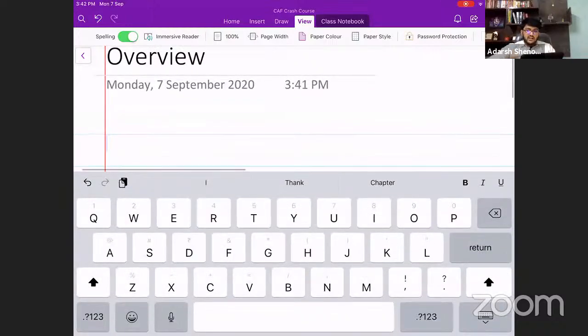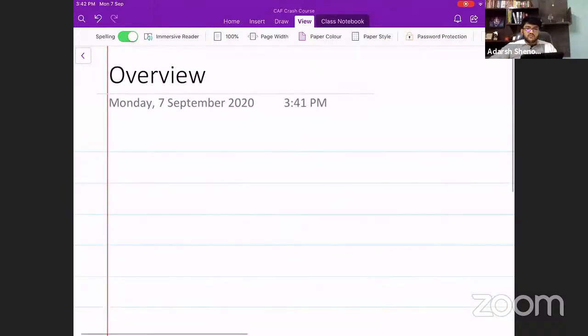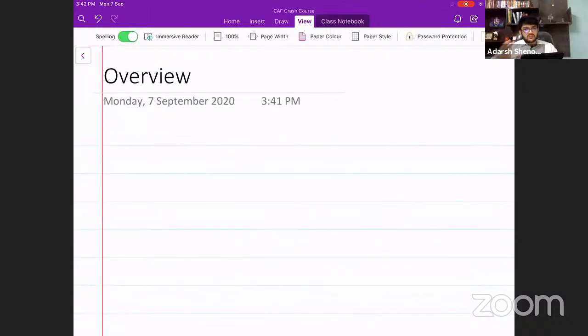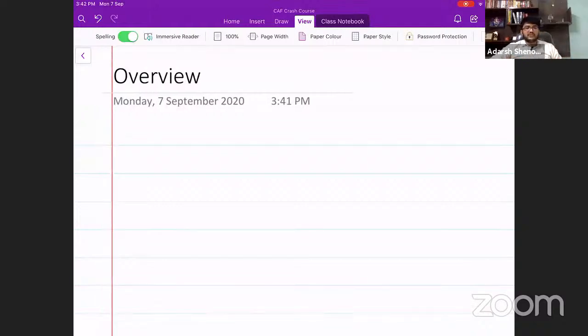I'll come back to inventories when I do sole proprietor. I will discuss inventories over there only, just before I start sole proprietor. Sale of goods act, we will do the act. Sale of goods on approval basis, soon after consignment, we will do it. Shall we start?